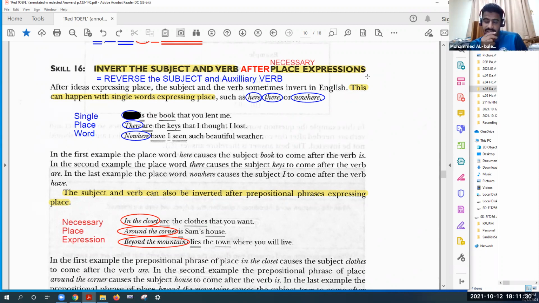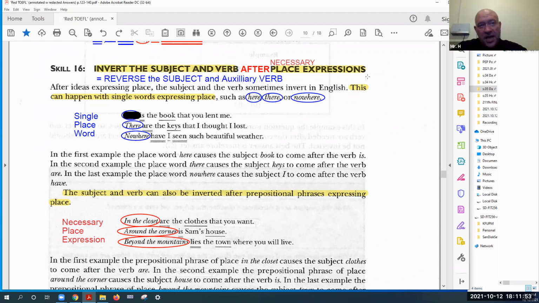In this sentence, I think there are two subjects and two verbs. No, there's one subject and one verb. That's the clause. The problem is something is missing. That's why we need the single place word. We must put it there.